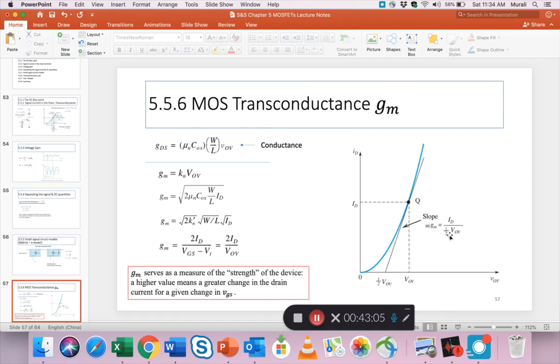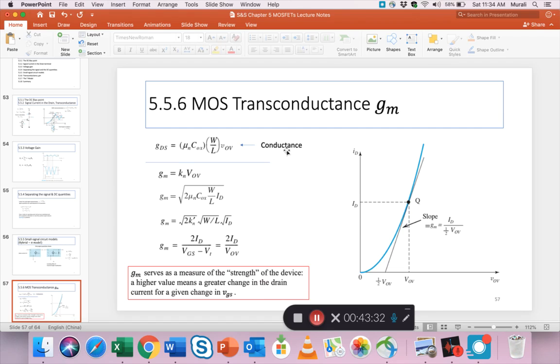Here we do just a little more about transconductance. I'm sure you know everything by now about transconductance, MOS transconductance, GM, but this is the order in the textbook, so I'm just following along. So this I brought in from the early parts of this chapter. Remember, we defined something called GDS, which was just conductance.